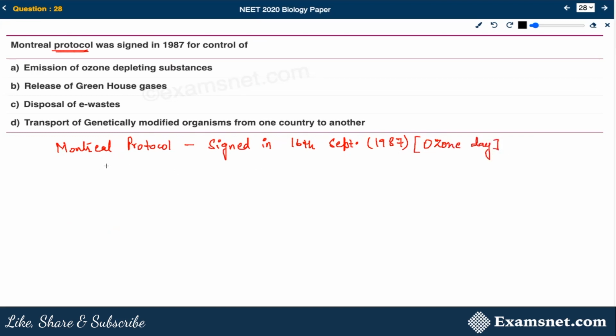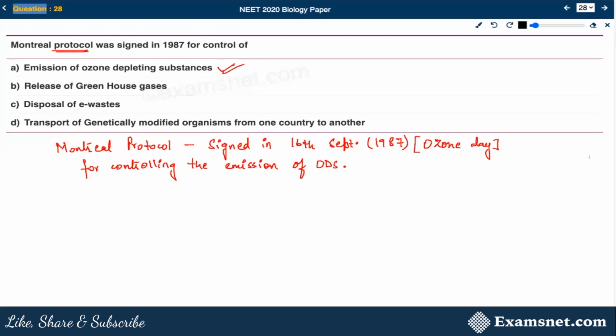So for controlling the emission of ODS. ODS means ozone depleting substances.